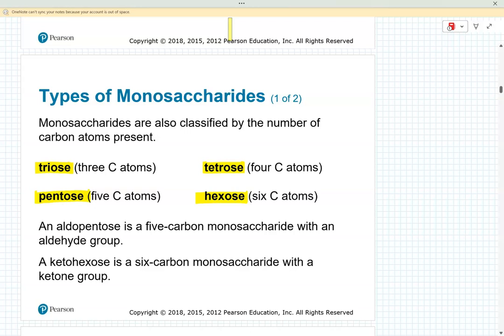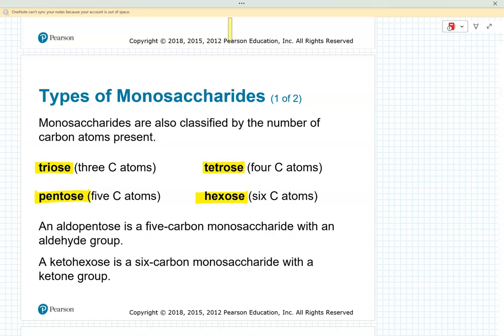Okay? 7 is rare, and when you characterize a monosaccharide, you want to highlight both whether it is an aldose, i.e. having an aldehyde group, or ketose, having a keto group, and how many carbons it has.